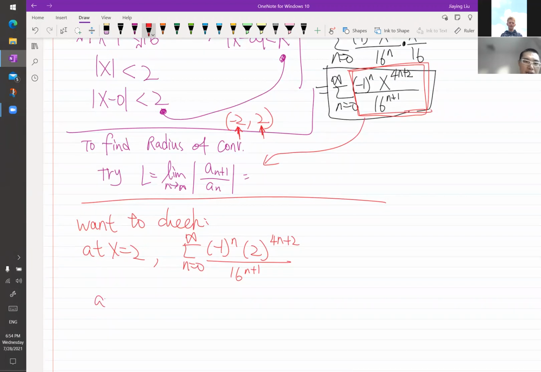And also at x equals -2, put -2 in there to see if this is convergent. Similar work. Because you could have the interval to be maybe including +2 but not -2, or the other way around, or including both, or not including both. So be careful there.